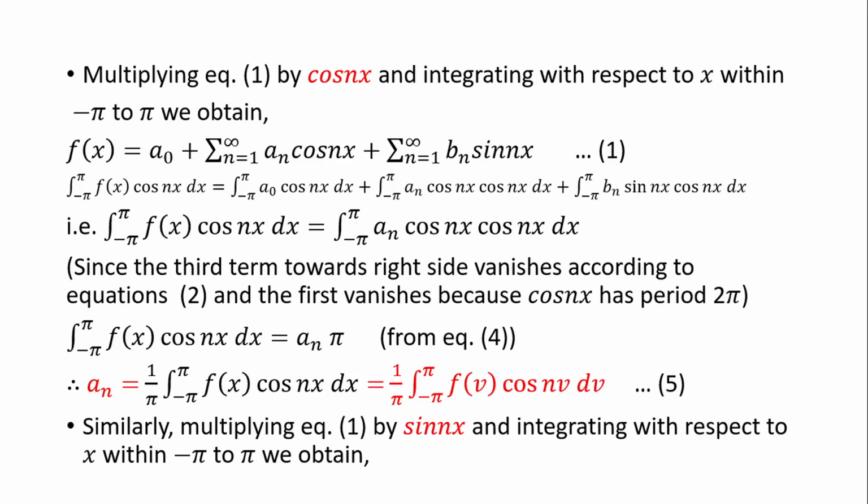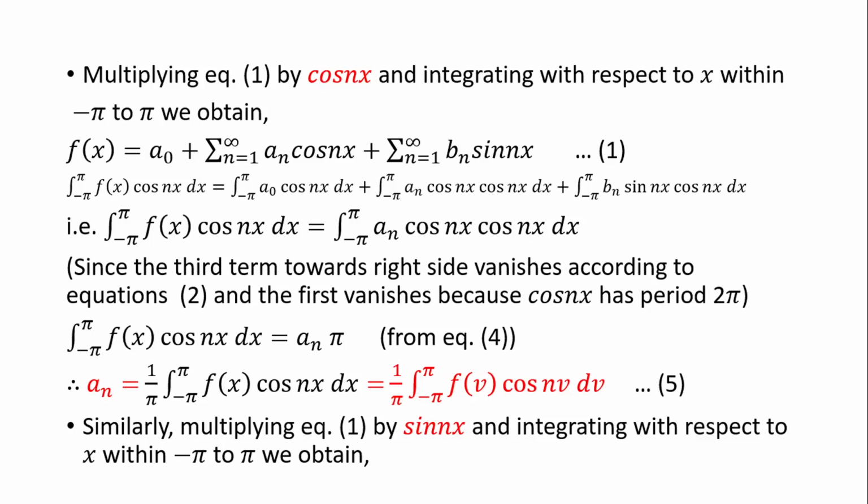So in this way we have integration minus pi to plus pi f(x) cos nx dx equal to an, and what is the integration of minus pi to plus pi cos nx dx? According to the orthogonality property, if n is not 0, it is equal to pi. So it is an into pi, and in this way an is equal to 1 by pi integration minus pi to plus pi f(x) cos nx dx.